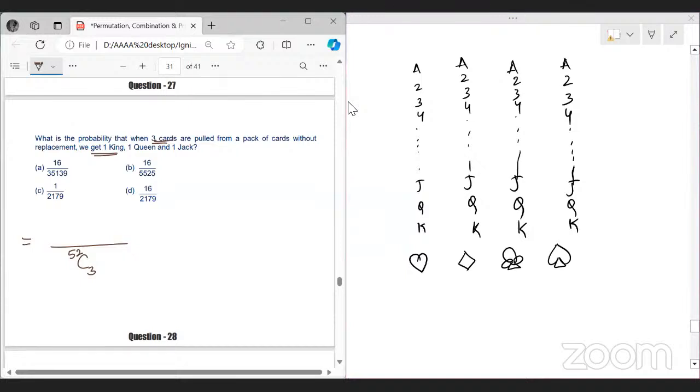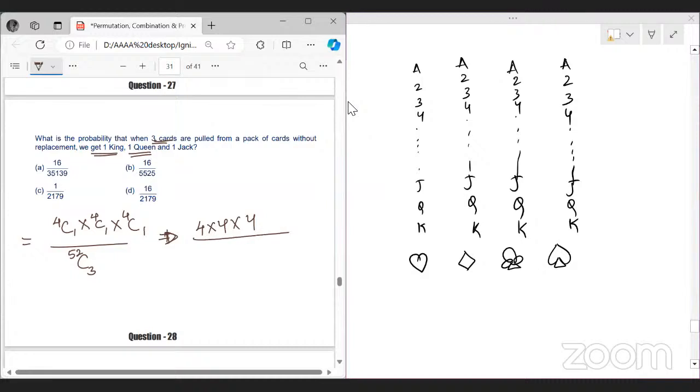How many kings are there? 4, so 4C1. One queen, and how many queens are there? 4. And one jack. What is NC1, guys? NC1 is N. So it is 4 times 4 times 4.